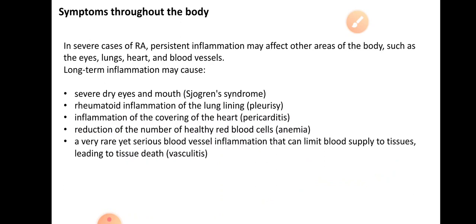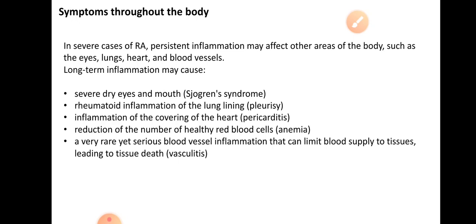Next, symptoms throughout the body. In severe cases of RA, persistent inflammation may affect other areas of the body such as the eyes, lungs, heart, and blood vessels.